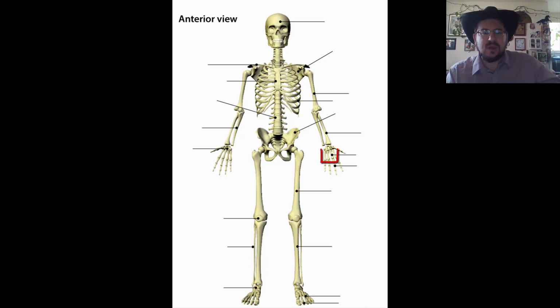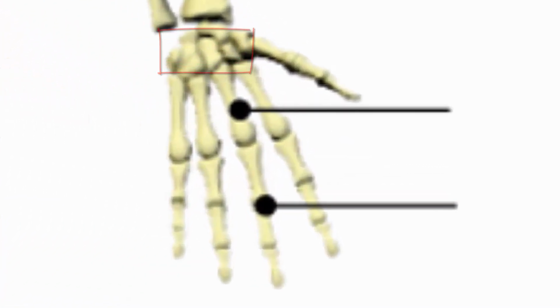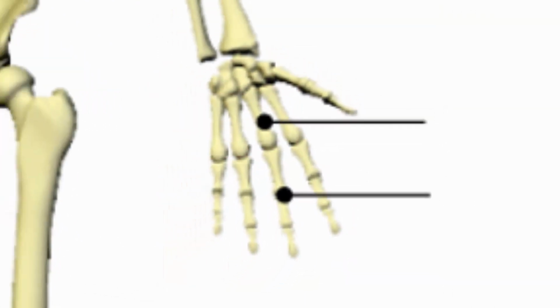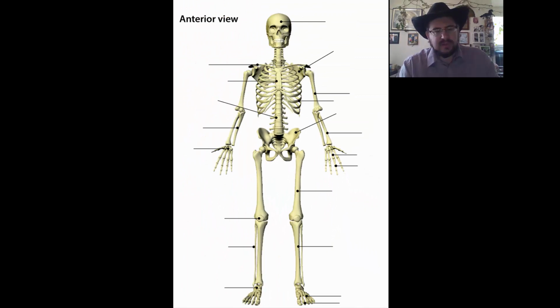Here we have what are called the metacarpals. So these are going to be the bones in your palm, and the metacarpals. So we have carpals, metacarpals, phalanges, right? Carpals is going to be right here. I'm just going to talk about the hand as a unit.